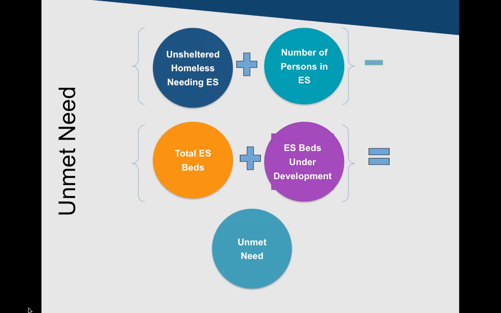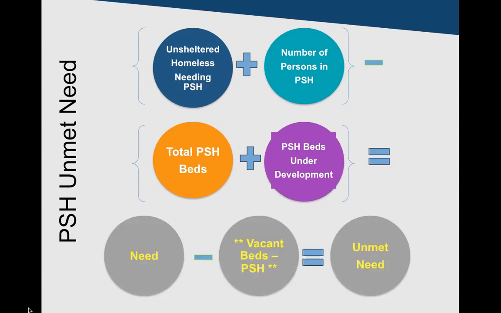From that number, you will want to subtract the total number of emergency beds available plus the number of emergency shelter beds under development. The number that you are left with should be your unmet need.